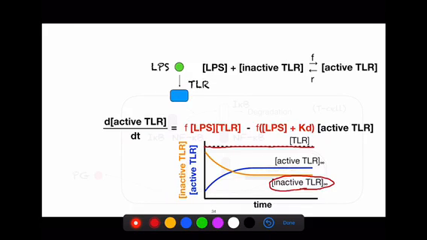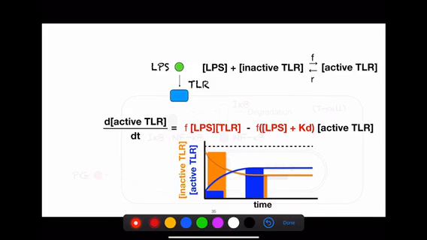Or you can rewrite the whole equation, not in terms of the active TLR, but in terms of inactive TLR, and get to the same conclusion. Just to make sure, you can put these little cubes of the same height at certain points of time, here and here, and here and here. And then we can rearrange just to make sure that they actually do conserve.